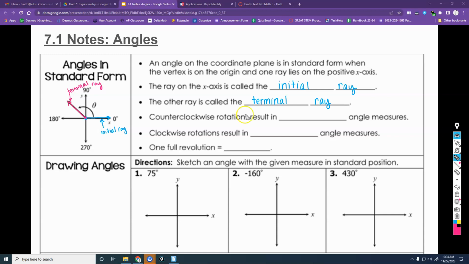So counterclockwise rotations result in positive angle measures. Clockwise rotations result in negative angle measures.